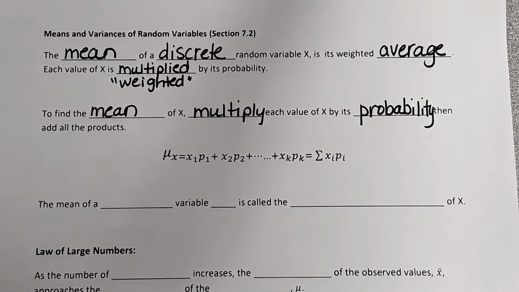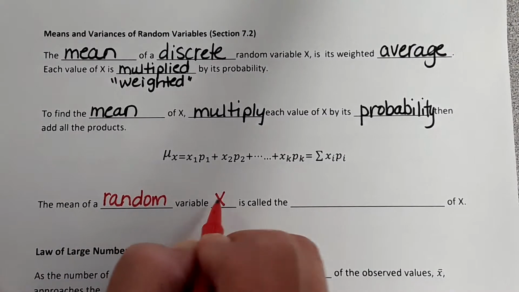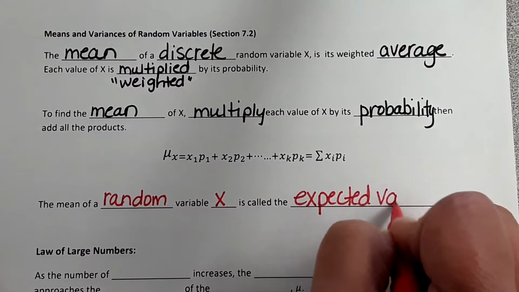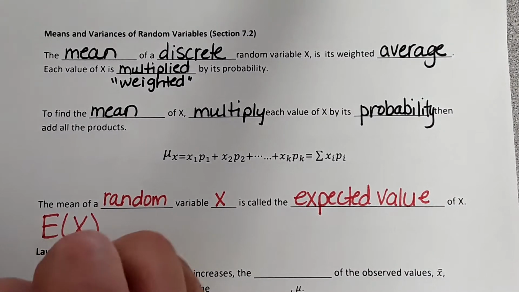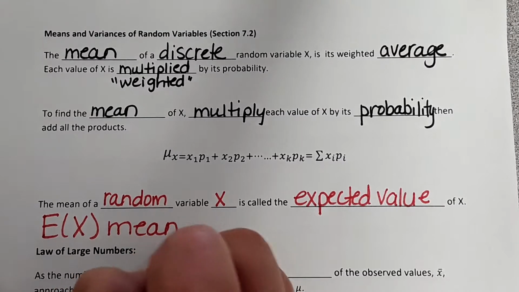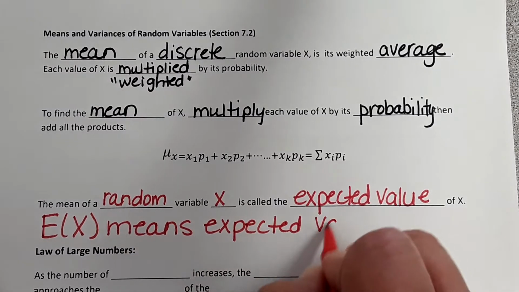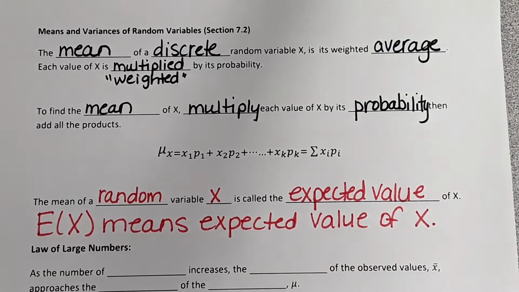So the mean of a random variable x is called the expected value. So if you see expected value, you see mean, and you know there's probabilities, it means we need to multiply by some probabilities.